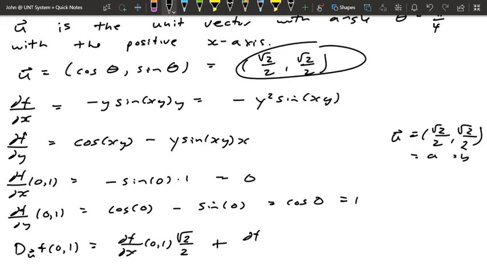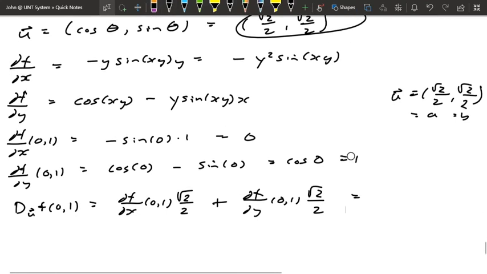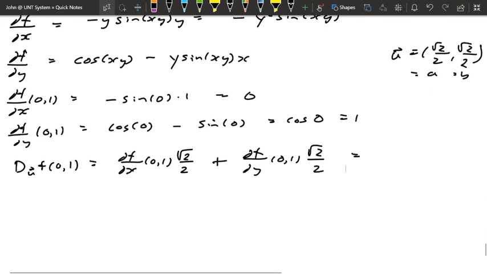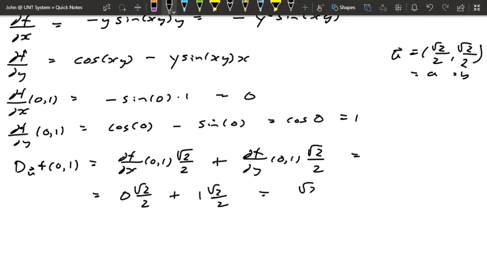Plus del f del y at 0, 1 times root 2 over 2. So that's 0 times root 2 over 2 plus 1 times root 2 over 2, which gives root 2 over 2.